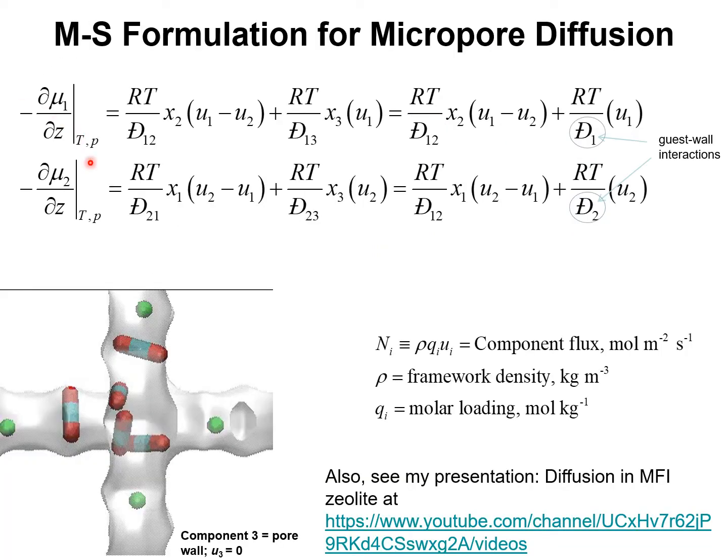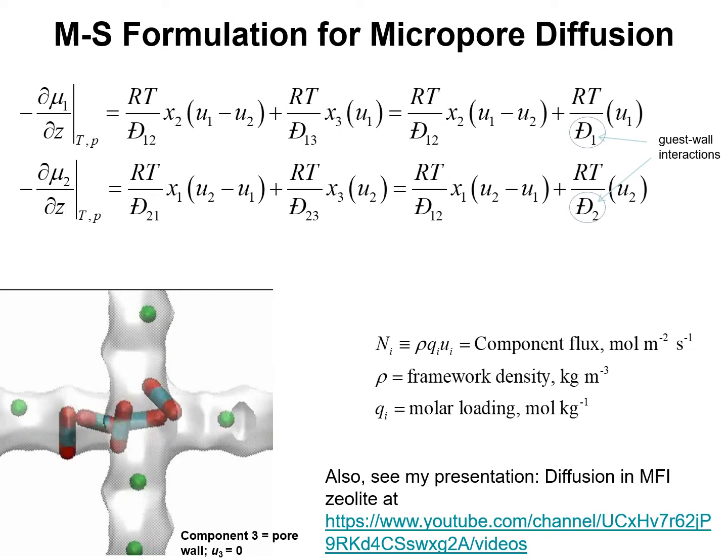Let us adapt the Maxwell Stefan formulation to describe diffusion of two gas molecules inside a microporous crystalline material. For example, let's have a look at the animation to show the diffusion of carbon dioxide and methane within the intersecting channels of MFI zeolite.